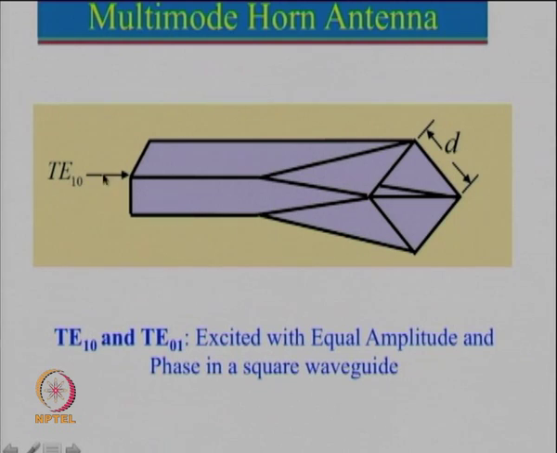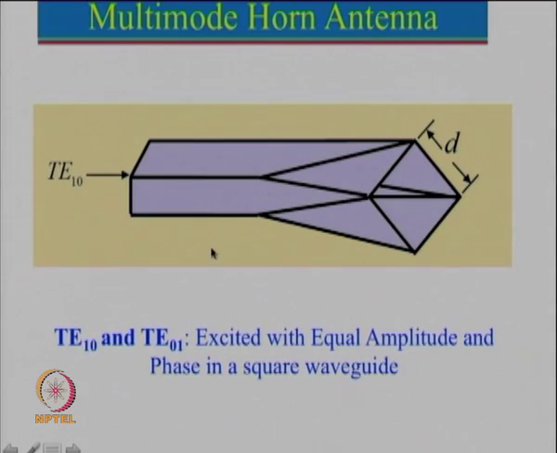For example, for 10, the E field will be uniform like this. For 01, the E field will be uniform like this. The H plane field variation will be sinusoidal in each case. So the net result will be that the field will be symmetrical like this. However, this configuration is not used very commonly, mainly because of the manufacturing problem.